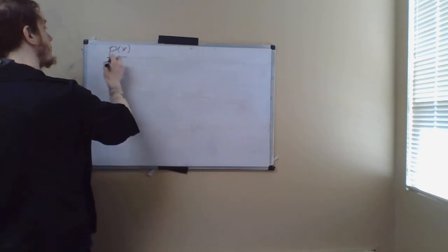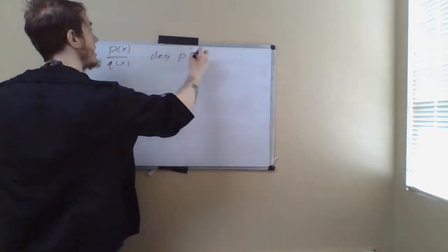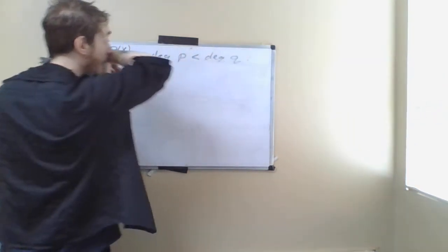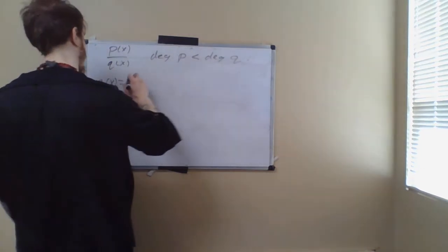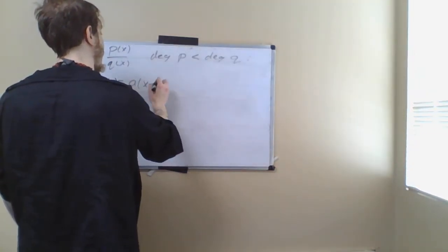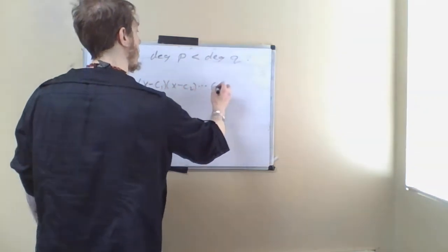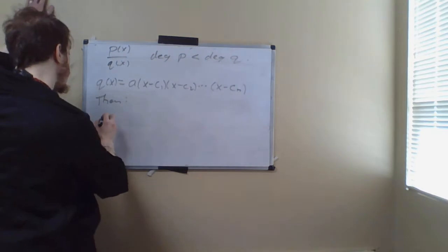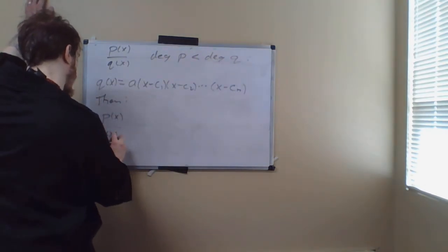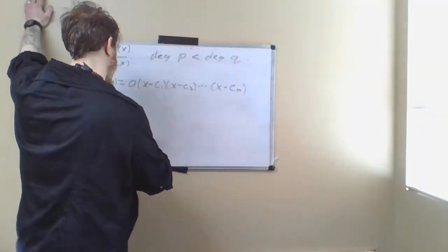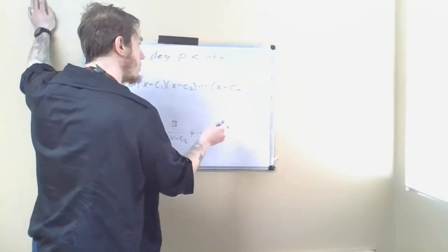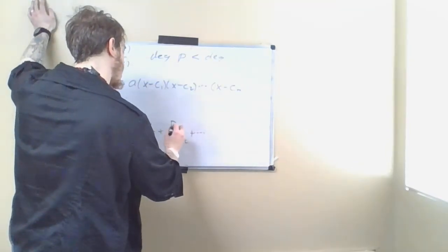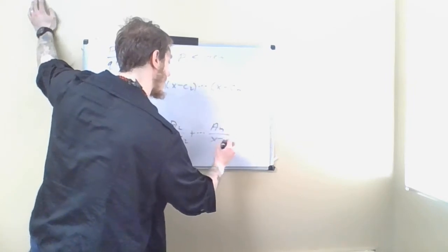If we have p of x over q of x, where the degree of p is strictly less than the degree of q, and also we can factor q into q of x is equal to some overall constant times x minus c1, x minus c2, all the way out to x minus cn, then all we have to do is write p of x over q of x is equal to a over x minus c1 plus b over x minus c2, all the way out to, well, maybe we should call it a1 and then a2 all the way out to an divided by x minus cn.